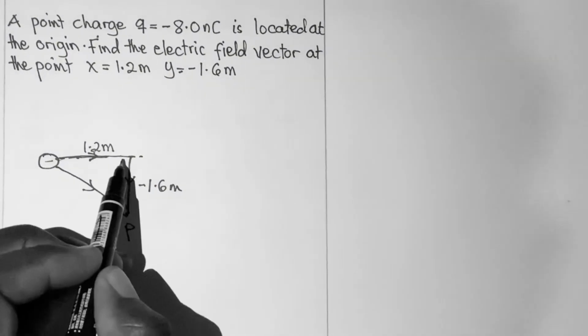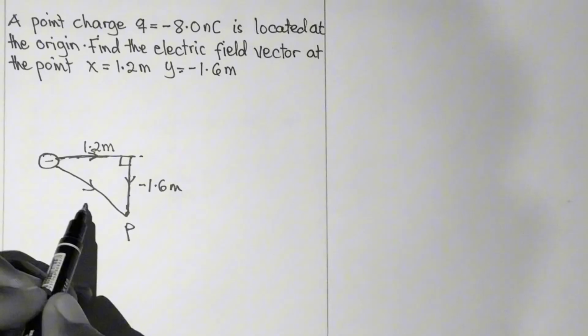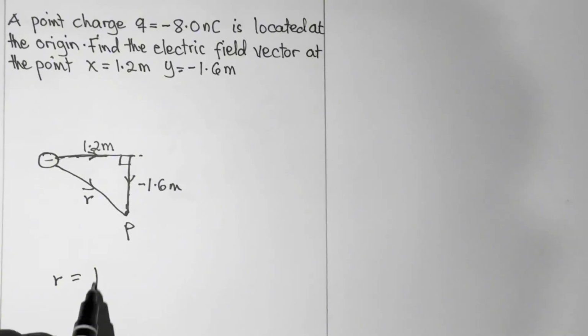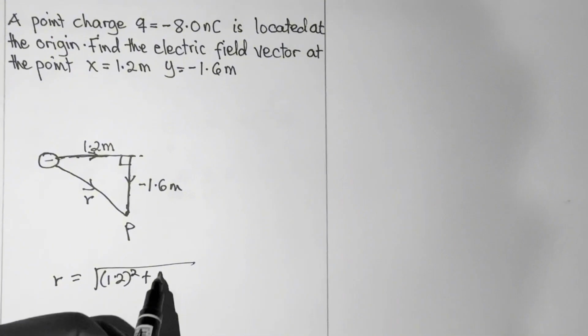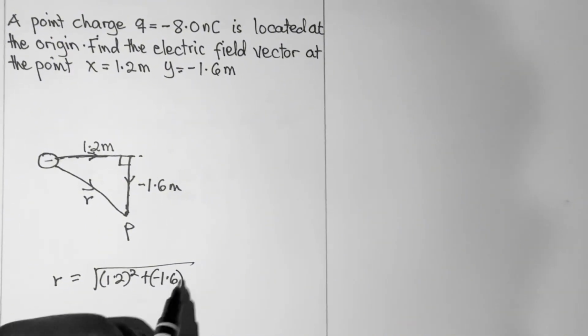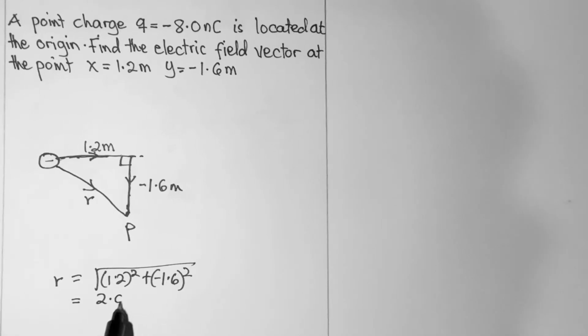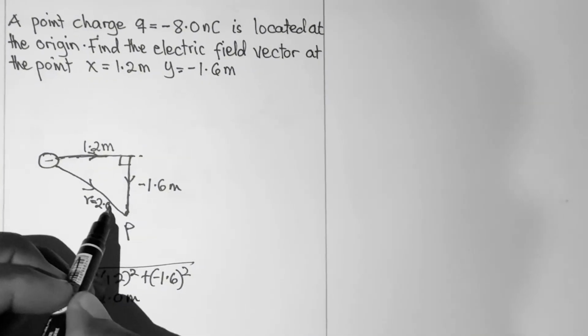You can see that this is a right angle triangle, so we can use Pythagoras' theorem. Let's put r here. So r is equal to the square root of 1.2 squared plus (minus 1.6) squared. If you do this, you are going to get 2.0 meters. So that means this portion is 2.0 meters.